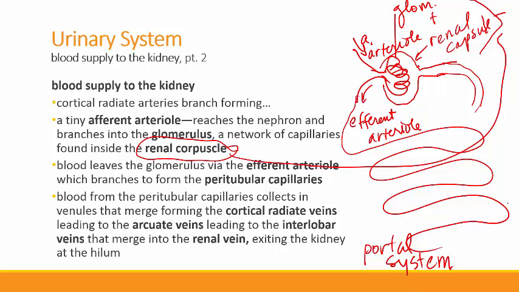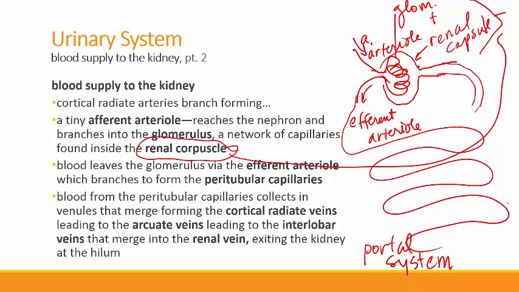And again, the blood supply pathway is that we have the renal artery that branches to form the interlobar arteries, which branch to form the arcuate arteries, which branch to form the cortical radiate arteries that lead to the afferent arteriole, the glomerulus, then to the efferent arteriole, and then to a second capillary network, the peritubular capillaries, which will then merge to form the cortical radiate veins, which merge to form the arcuate veins, that merge to form the interlobar veins, which merge to form the renal vein, which returns the blood supply back to the heart via the inferior vena cava.